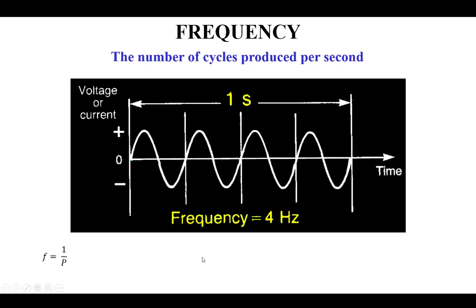We talked about inverse relationships when we were talking about resistance and conductance, light and dark, hot and cold. Frequency is the reciprocal of the period, so it just stands to reason that the period is the reciprocal of frequency. And it has to be that way, so let's think about that. In this case, I've got a frequency of 4 hertz. That means there's 4 of them in 1 second. If there's 4 of these cycles in 1 second, then how long must it take for 1 of them?